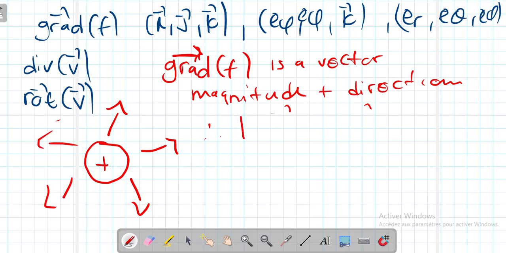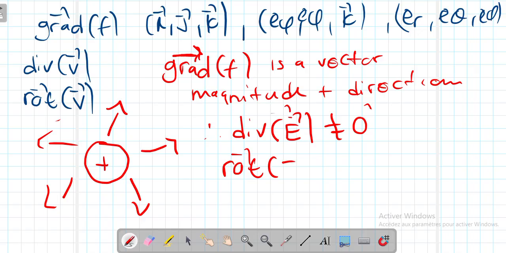Therefore, the divergence of the vector E will be non-zero. Then the rotation of E shows how much the vector is rotating. The rotation of E is equal to 0 because this vector is either diverging or converging.